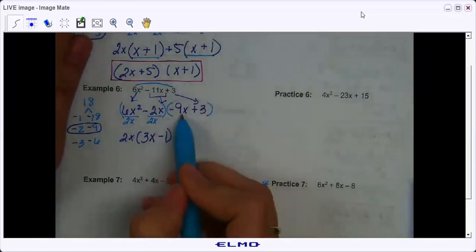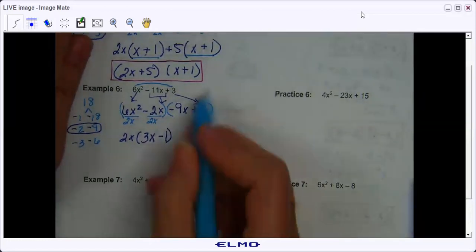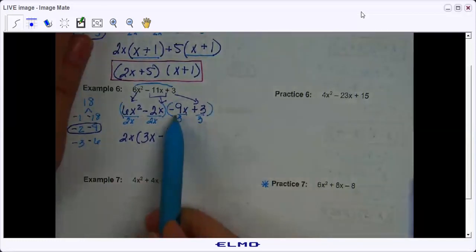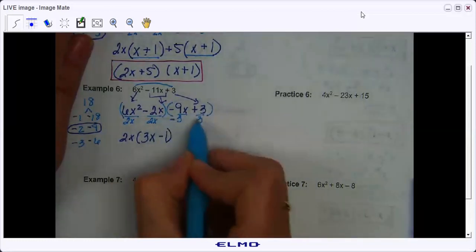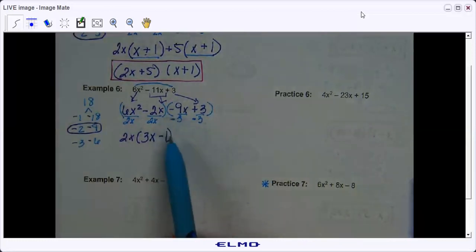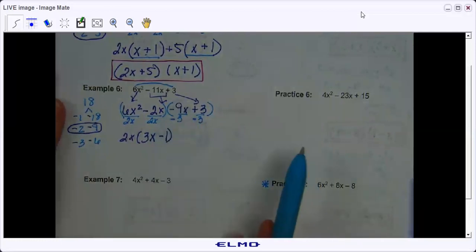Now we have negative 9x plus 3. The greatest common factor here is a 3. However, because the 9 is negative here, your first term here is negative, you want to take out a negative 3. So basically, you're going to take out either a positive or a negative based on what this first term is right here in this group. Okay.